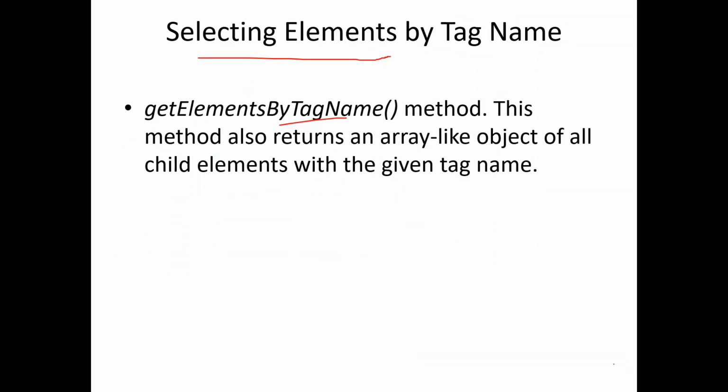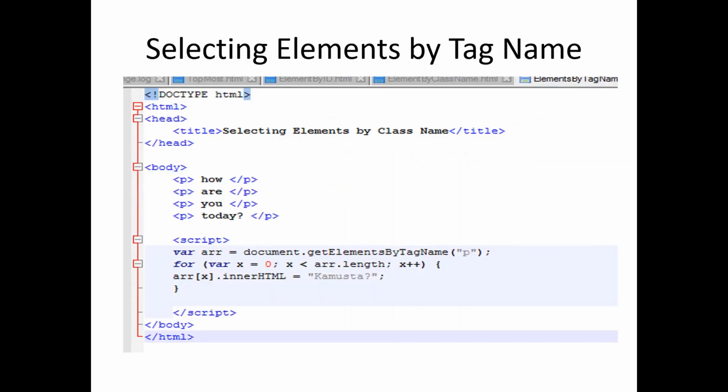This is the getElementsByTagName method. This method also returns an array-like object of all child elements with the given tag name. Later on, I have an actual example. Next is selecting elements by tag name. All right, so these are the screenshots.